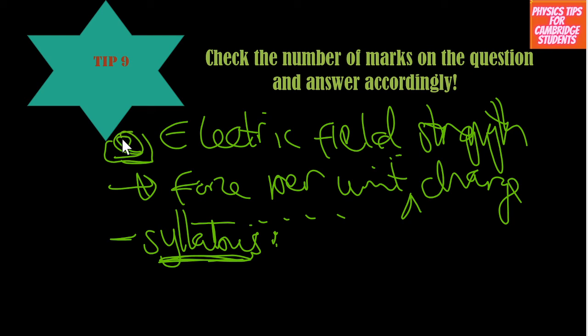So you answer according to your syllabus, but the syllabus changes from time to time, and it just wants you to stress certain concepts. So please study with the syllabus with you, and make sure that your definitions are in line with the syllabus. So check the number of marks on the question and answer accordingly.